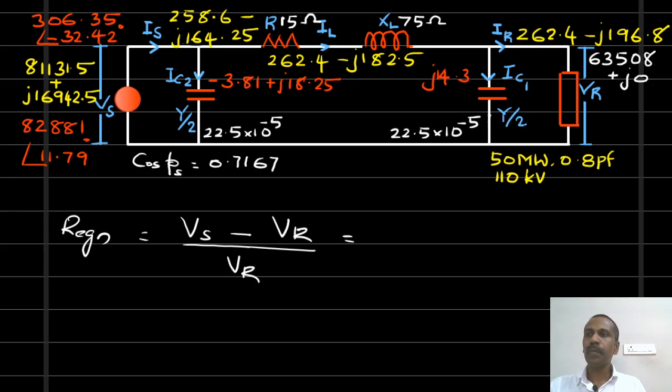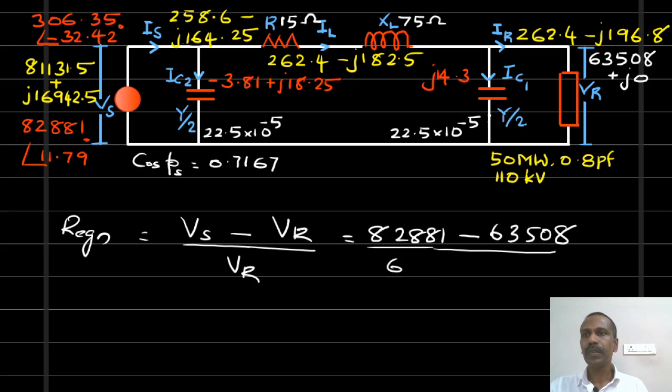Here we can write both Vs and Vr in phase quantities. The sending end voltage is 82881, you have to write the magnitude only. The receiving end voltage is 63508. It is equal to 30%. So the regulation is 30%.